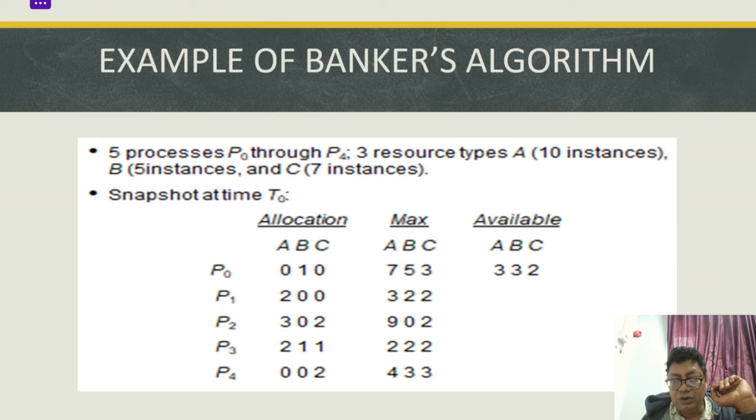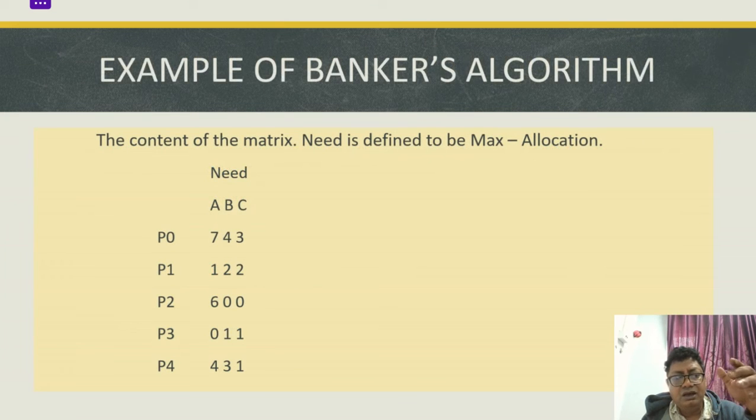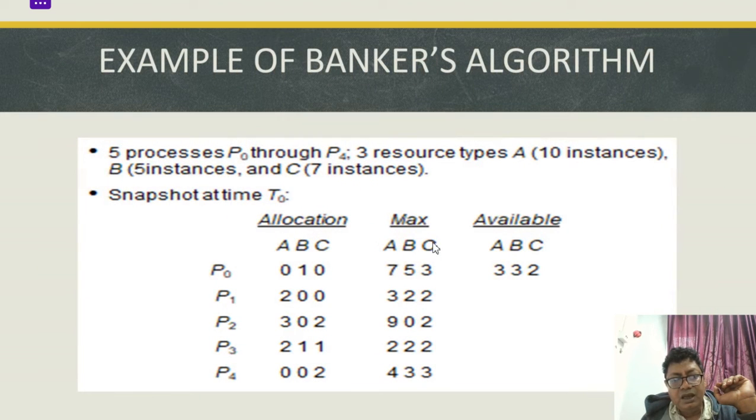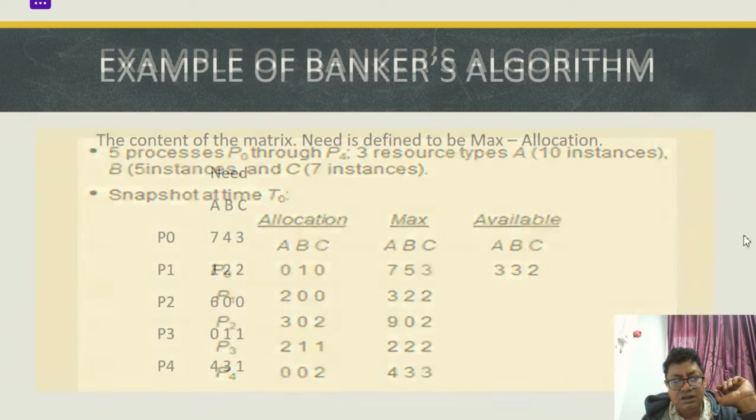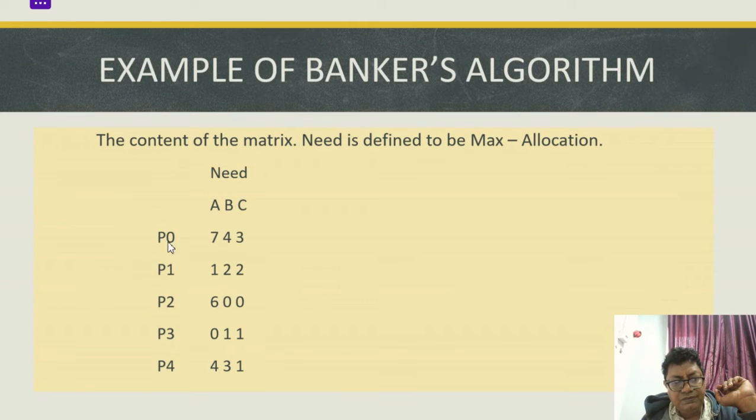Okay. Now I go to the next slide. Here we create a need matrix. For the need matrix, the formula is max minus allocation. Please remember: max minus allocation. So we go to the previous slide. The max of A for P0 is 7 and the allocation is 0. So the need for P0 must be 7, because it is a matrix subtraction only: 7 minus 0 is 7. Here we write down the 7.